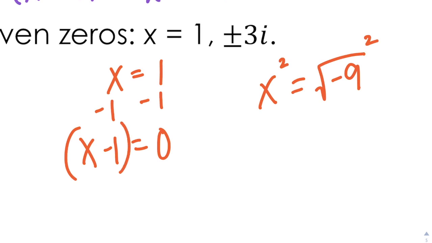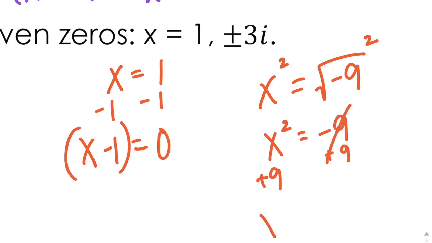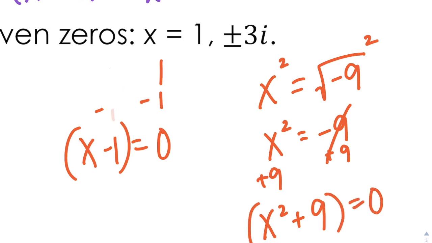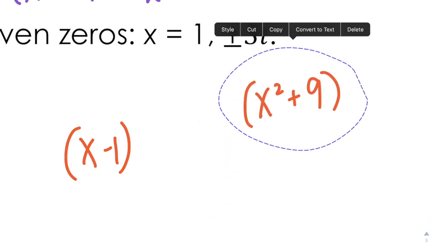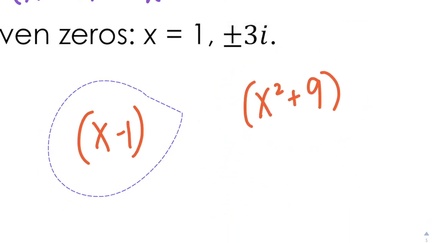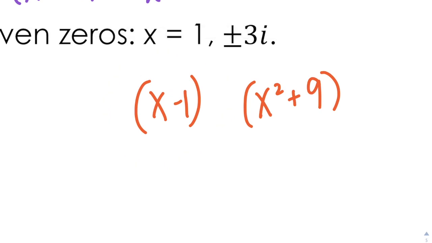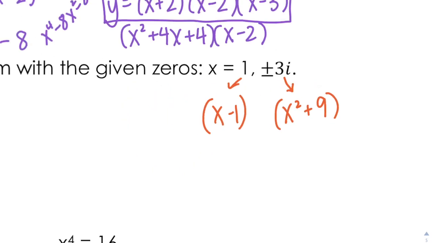But on this, square both sides, so I get x squared equals -9, add the 9, so you get x squared plus 9, and that's your other factor. So for my first factor, I get x minus 1. For my other factor, I get x squared plus 9. That's where those are coming from. And remember, you could rewind and pause if you want to see that process again.